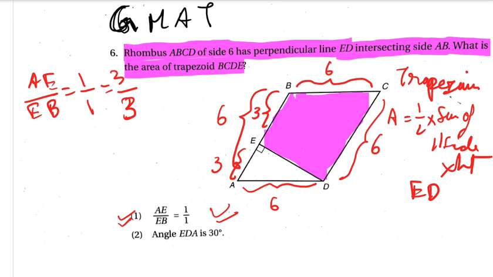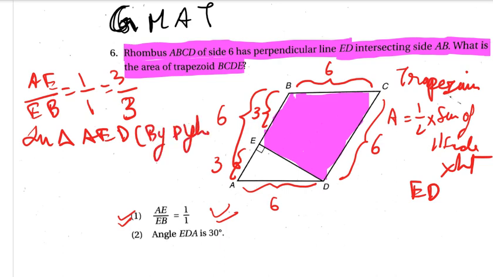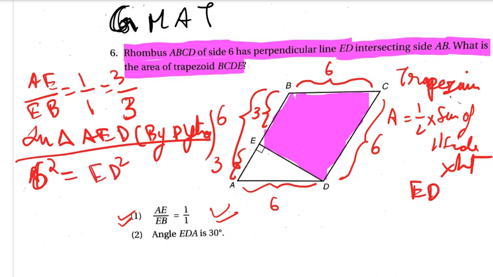So let's find ED. So in triangle AED by Pythagoras, AD square, that is actually 6 square, is equal to ED square plus 3 square.